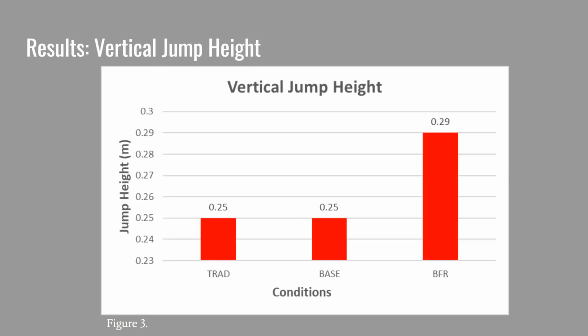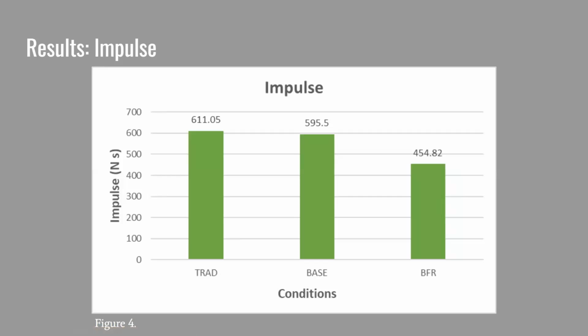Okay, so vertical jump height, as we did for peak force and squat angle, we got vertical jump height with BFR greater than the traditional and pace conditions. For impulse here, we found a decline in the impulse with BFR.